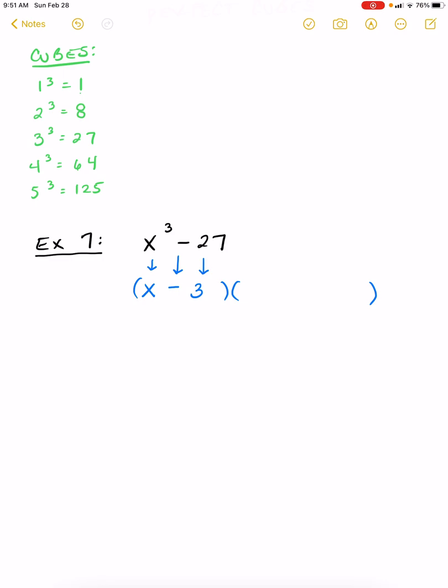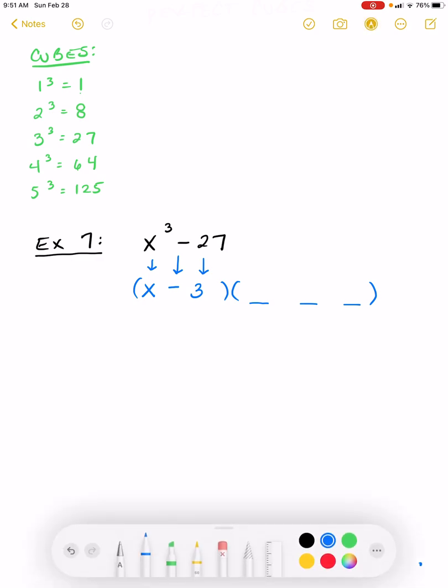Now, over here, we have a first term, a second term, and a third term. This first term is just going to be this first root squared. This middle term is going to be the two roots multiplied together, and you get 3x.